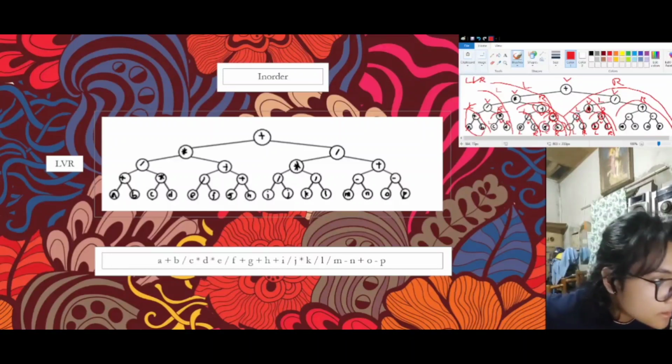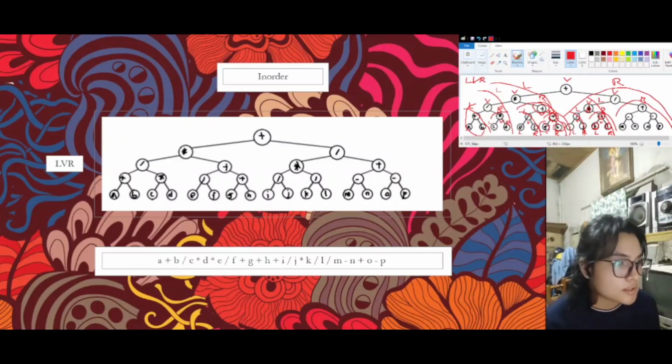So the V is divide, so after L is going to be the division sign, and after that we're going to have the leftmost. Let's label it LVR.